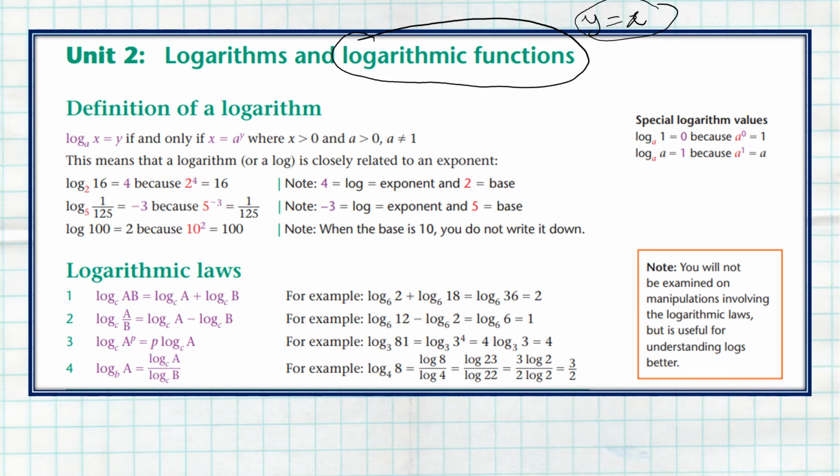That new graph is now called a logarithmic function. So what actually happens is that we reflect an exponential graph about the line y equals x, and the newly appearing graph is called what? The logarithmic function.